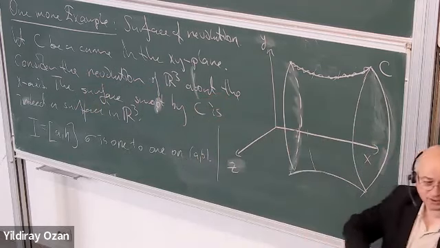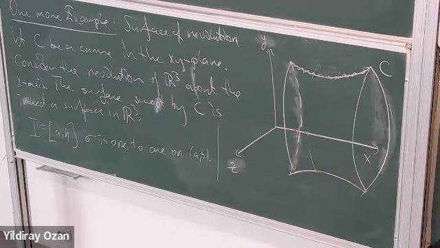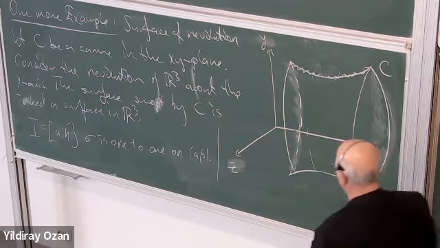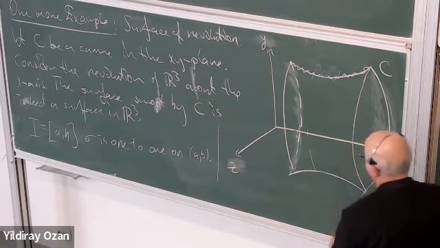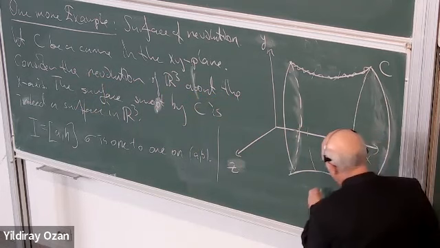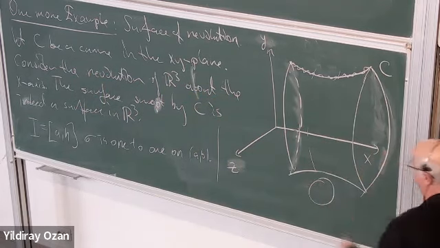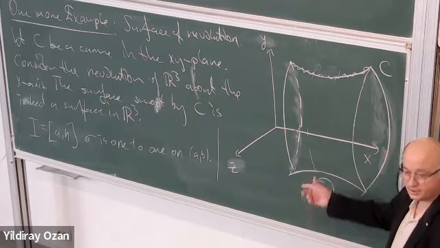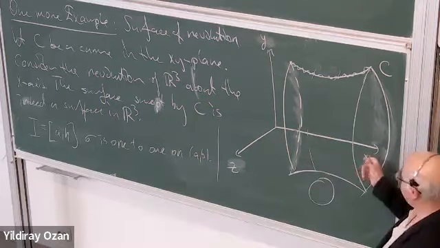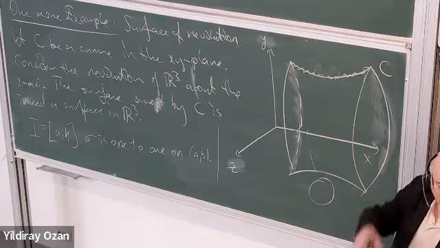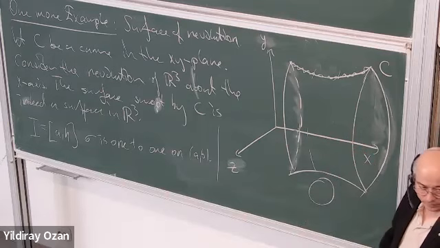At the endpoints, it might be a closed path. So C could be something like this. In that case, when you rotate this about the x-axis, you will get a torus, right?